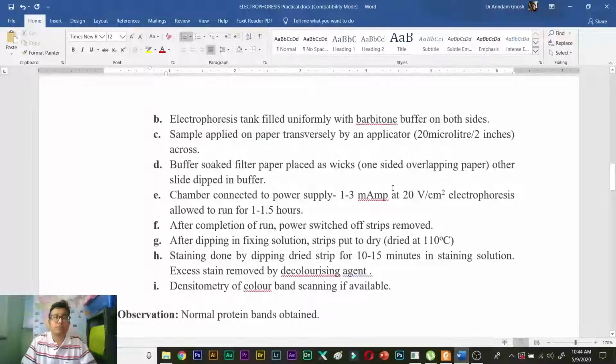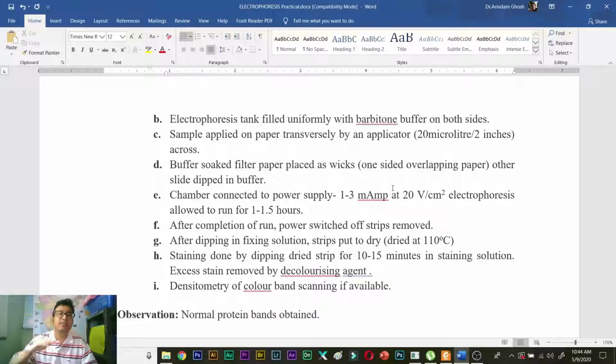So, remember, write these steps because you need to write them in your practical copy and then you will be able to visualize in the video. So, the electrophoresis tank is uniformly filled with barbitone buffer on both sides. I'll be showing you how a tank looks like. Just write this down. Now, after that, there is one step which is missing over here.